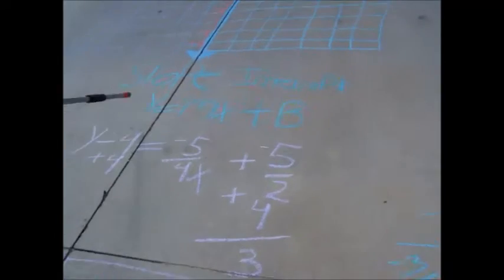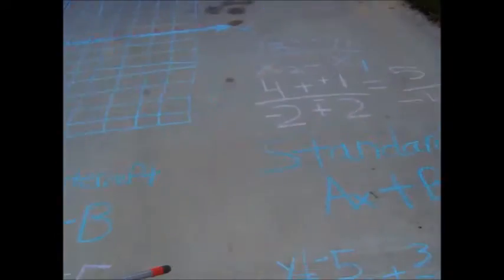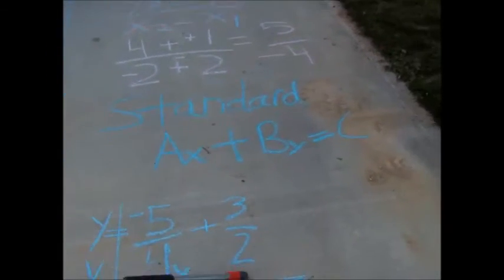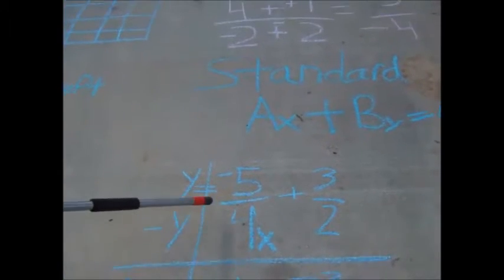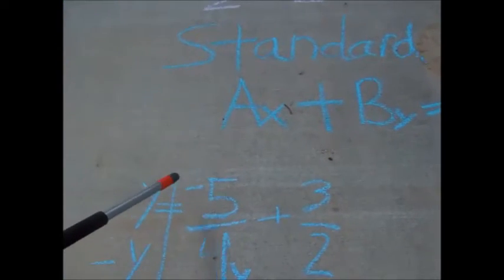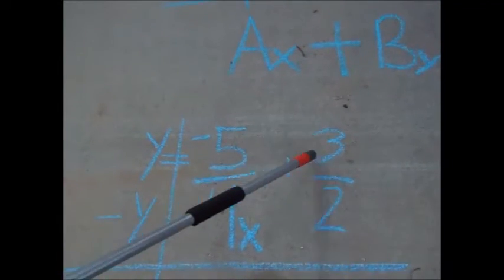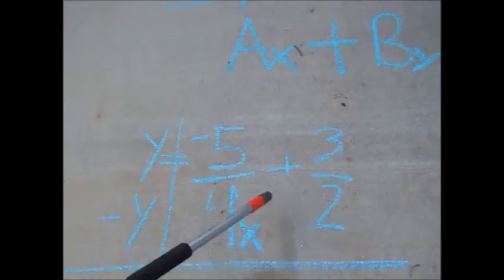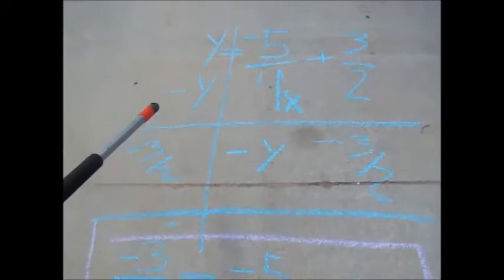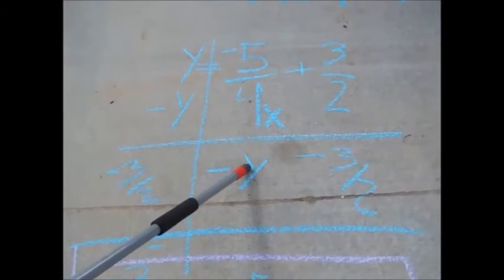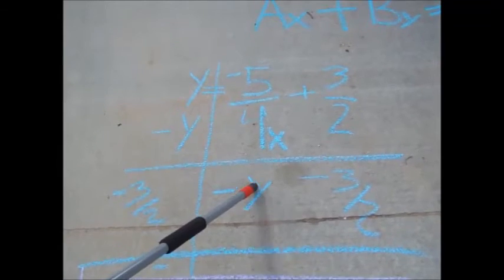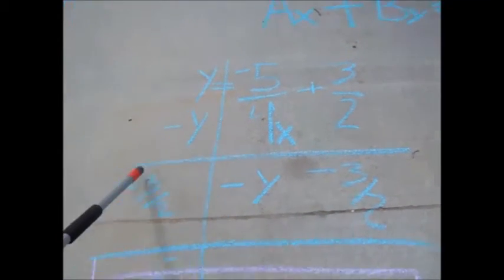Now, to change from slope-intercept form into standard form, you take your slope-intercept form, which is y equals negative 5/4 x plus 3 over 2. And you would subtract y from each side and subtract 3 over 2 from each side.